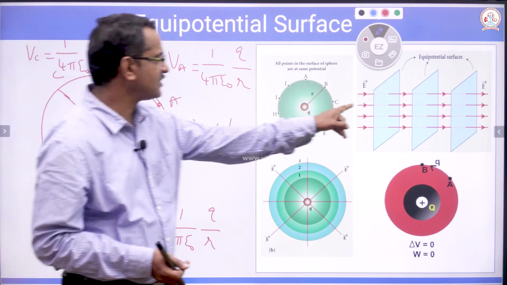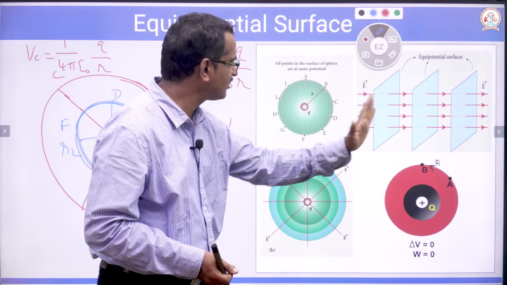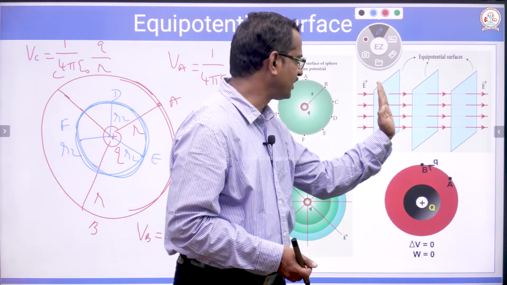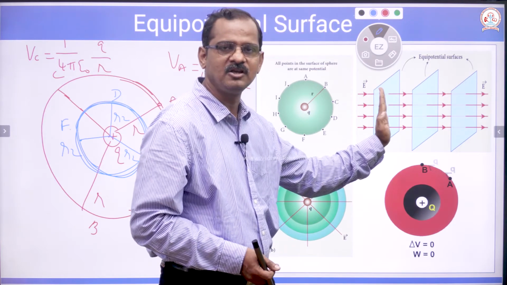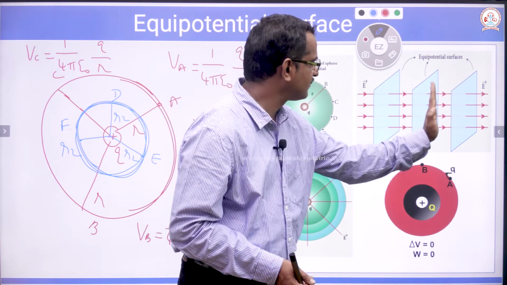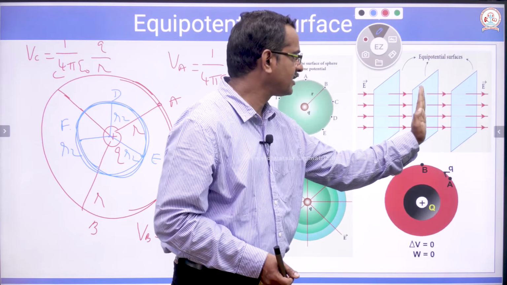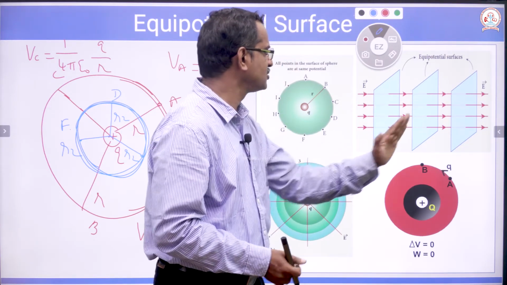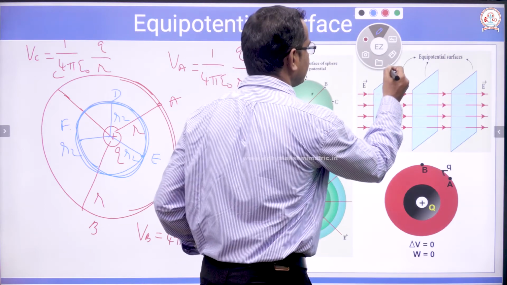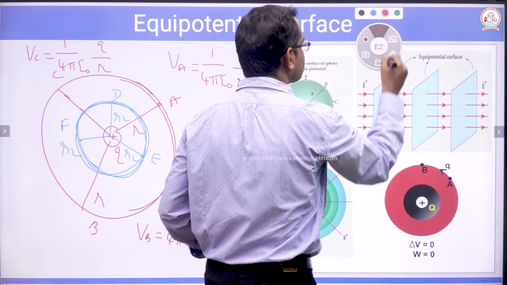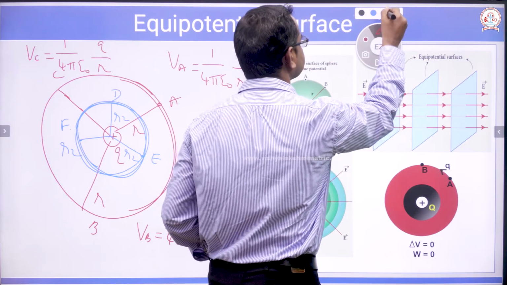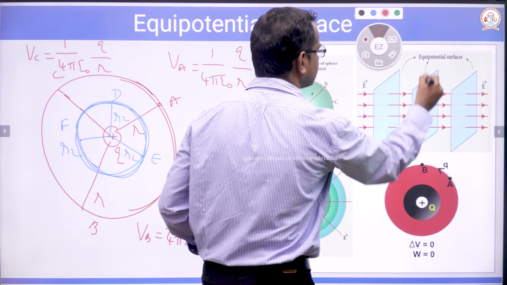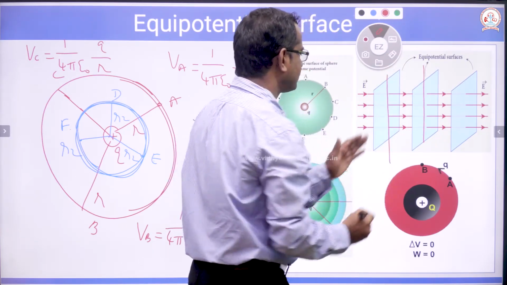In case of a uniform electric field like this, at this plane the electric potential will be equal. At a point somewhere away, the electric potential will be equal, but there will be some potential difference between these two points. There will be some potential difference between this surface and this surface.